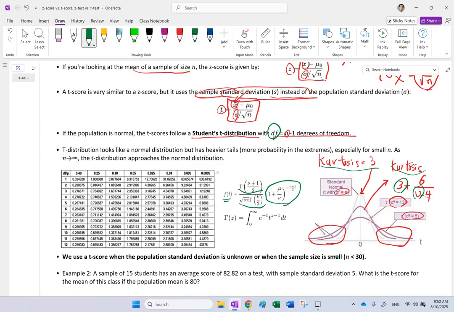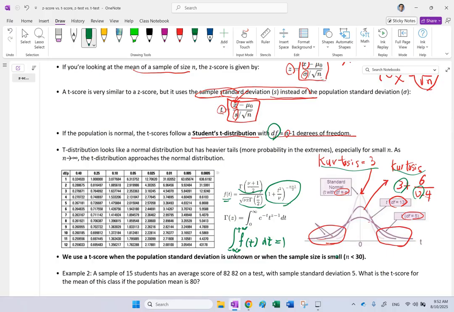So for different nus, you're going to get different formats, of course. And t here is your parameter. Of course, again, the integral of this f of t from negative infinity to positive infinity should be 1, right? Because that's the condition for being a PDF. But this is the formula. And if you look at the t distribution, it only has 1 parameter.